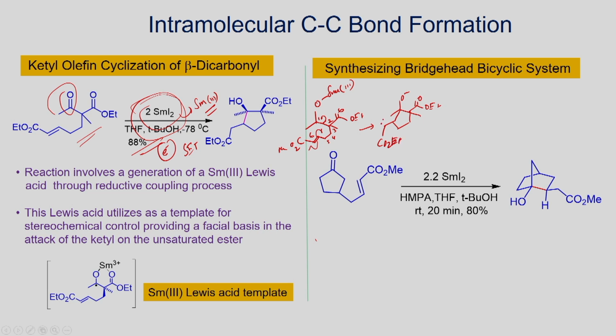This is a radical. If you form this radical again, as we have just seen, you have samarium 2, and it will be converted into samarium 3 by a single electron transfer process, and you will be able to get the anion here.